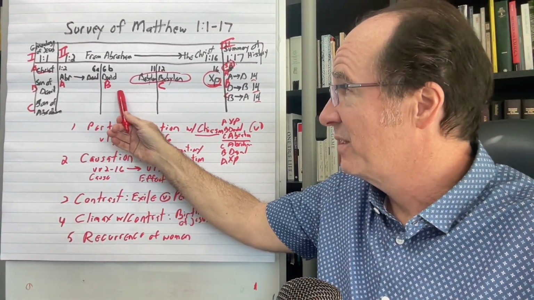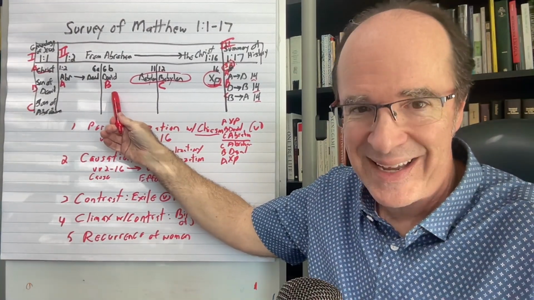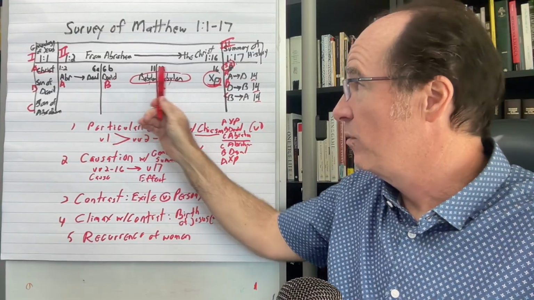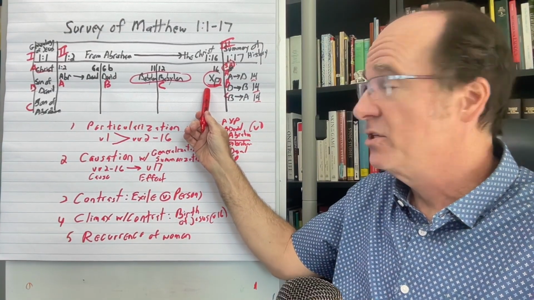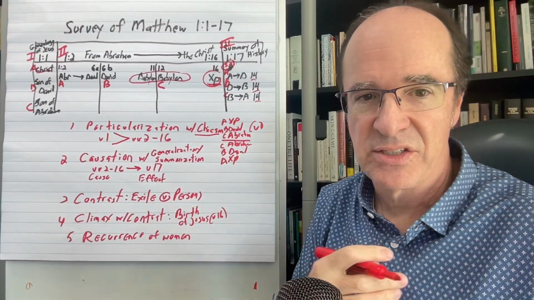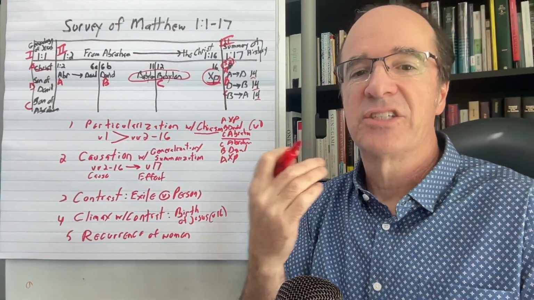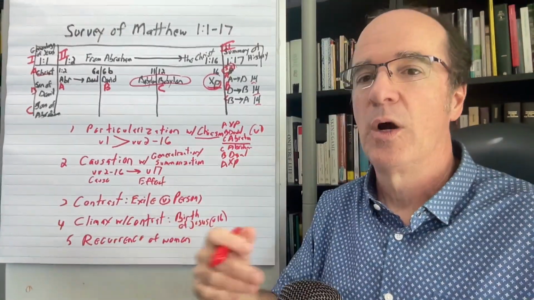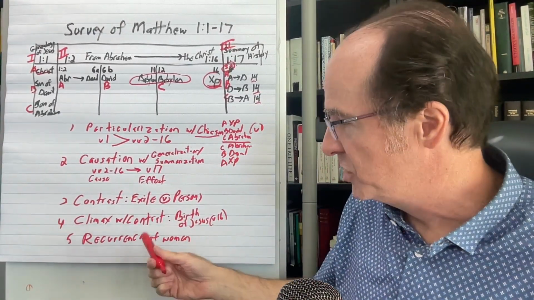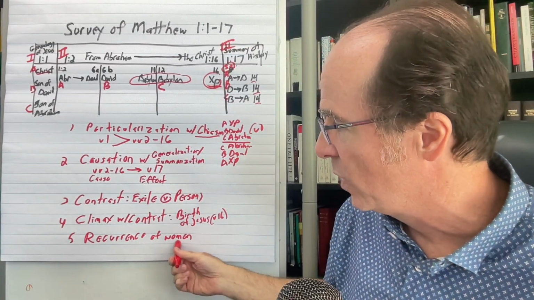We get, interestingly enough, the wife of Uriah mentioned around David, and then Mary shows up in this third phase. And these stand out as exceptional. Again, I'm going to make another video where I lay out some of the theological implications of all this. But let's just note that we have a recurrence of women.